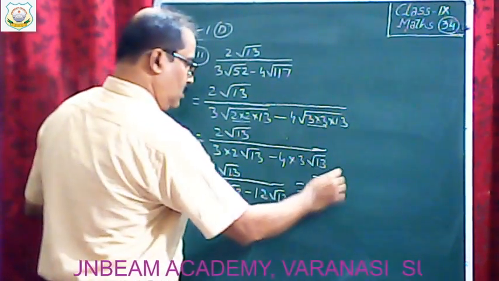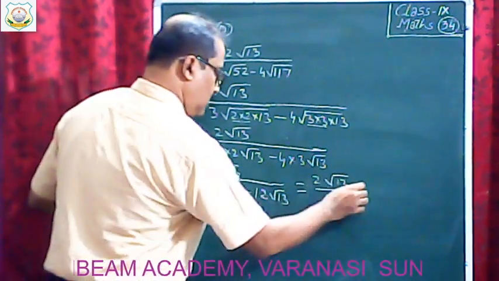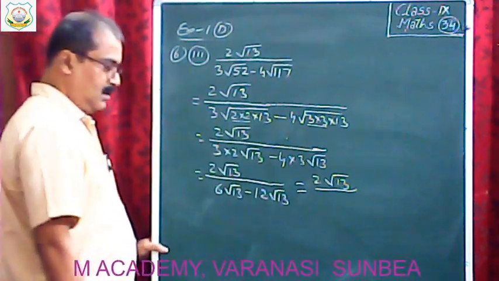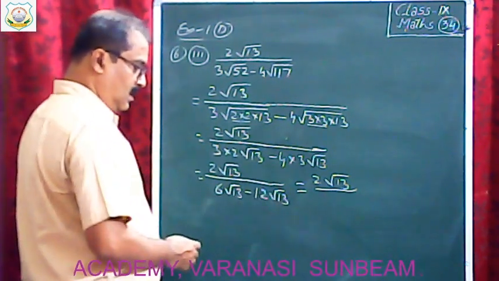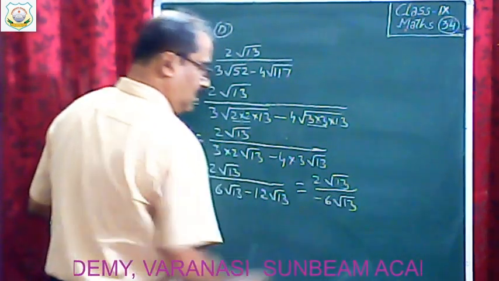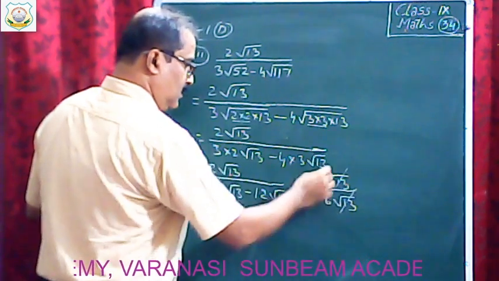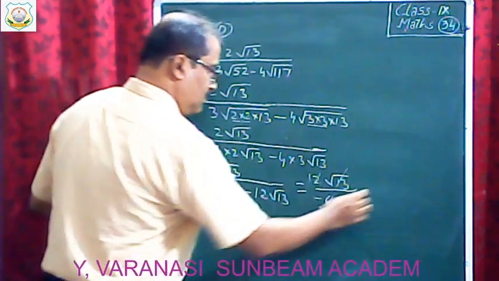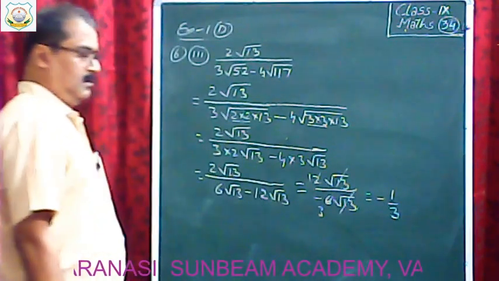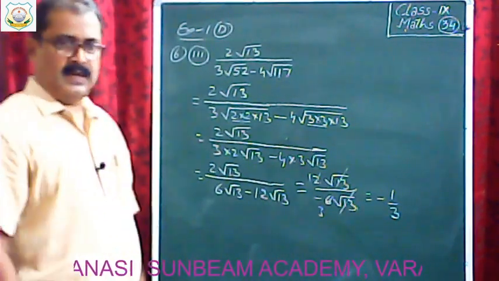So 2 root 13 upon 6 root 13 minus 12 root 13. Okay, like numbers, that is minus 6 root 13. 13 cancel. 2 ones are 2 threes are, means we get minus 1 by 3. So minus 1 by 3 is what? Rational or irrational?